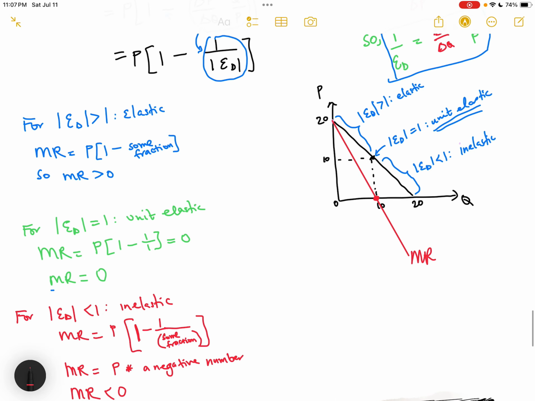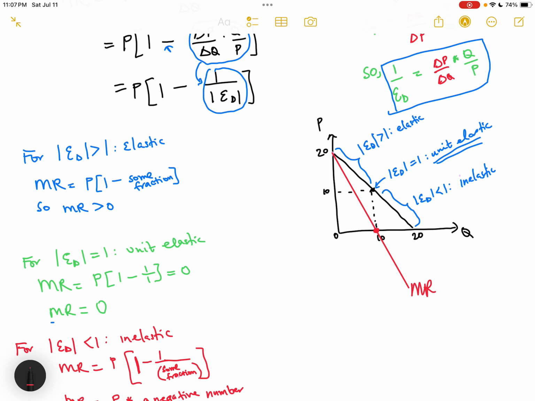Yeah. So for the elastic price elasticity of demand, we notice that our marginal revenue equals P square bracket 1 minus some fraction. Yeah. So 1 over price elasticity of demand, where it's bigger than 1, let's say 4, right? 1 over 4 will be a quarter, some fraction.